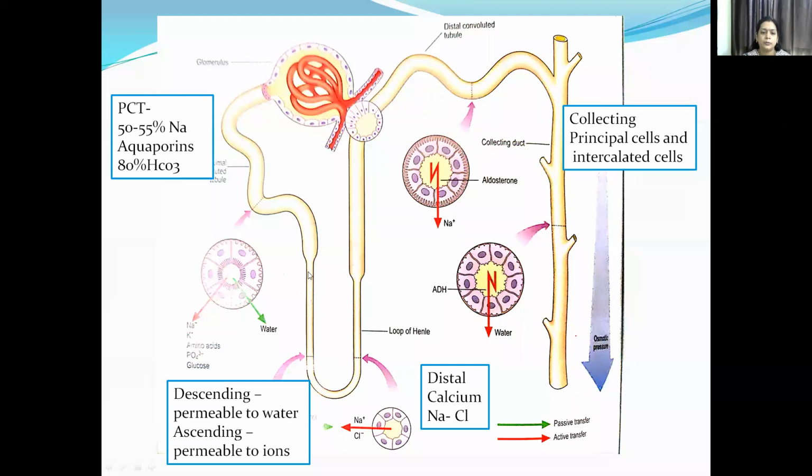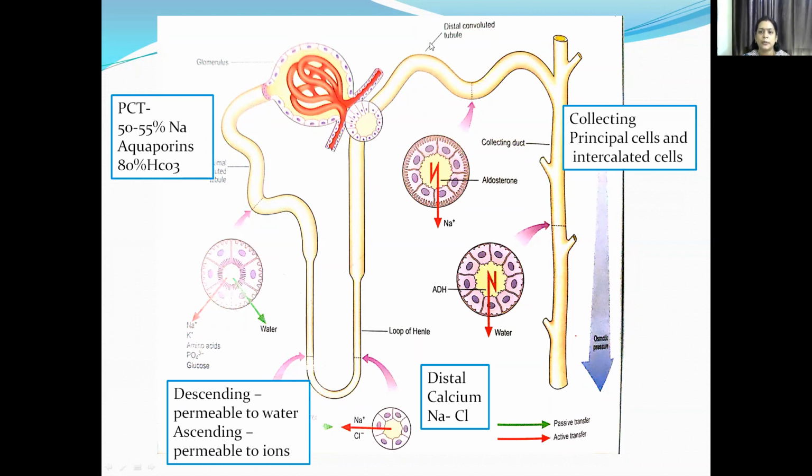Now coming to the loop of Henle, the descending and the ascending. See here, the descending limb is usually permeable to water, and the ascending limb is usually permeable to ions. So here the urine gets concentrated, and whatever we require is getting reabsorbed, right?